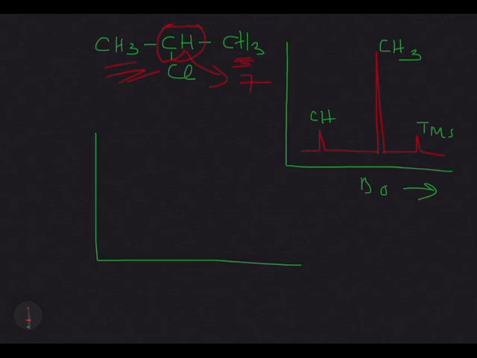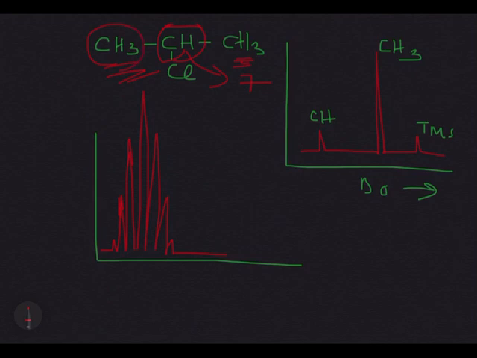So we have to draw the NMR spectrum of the CH peak based on spin-spin splitting as 1:6:15:20:15:6:1. And next we have the peak for CH3.